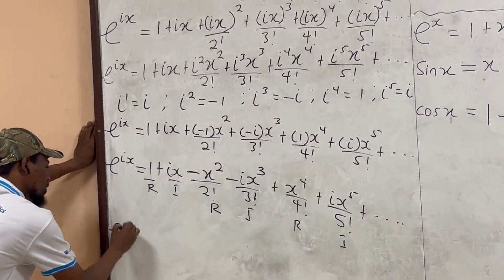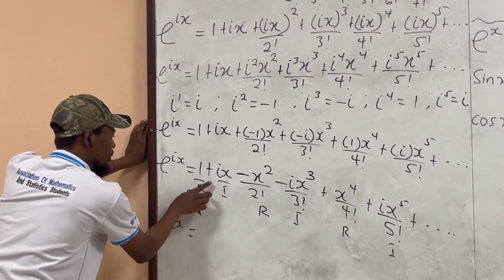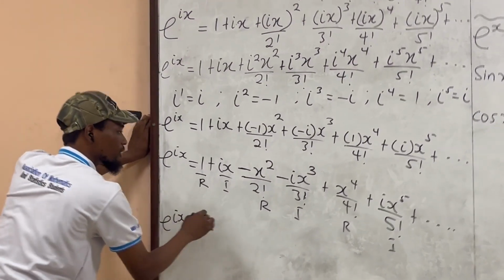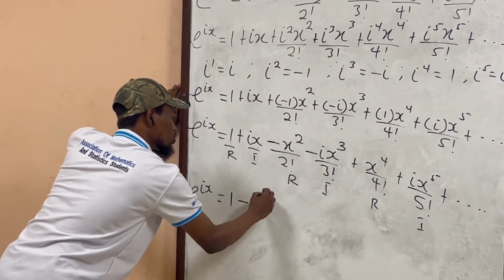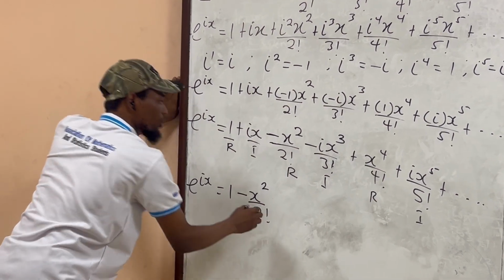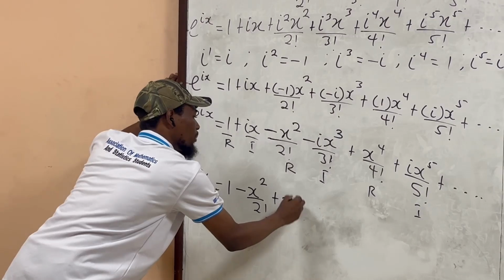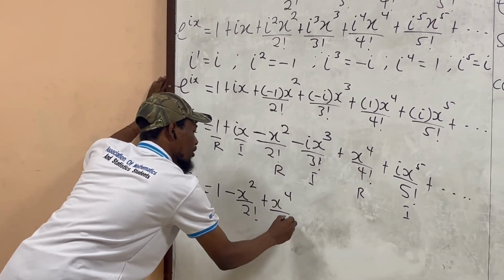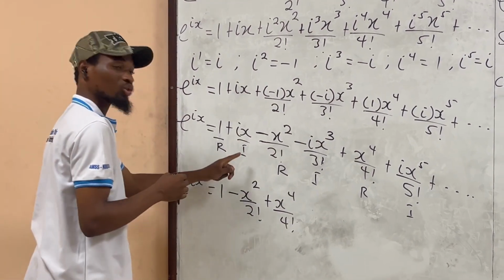You have e to the power ix is equal to, let's group the real part first. Okay, so we have 1. Then the next real part we have minus x squared over 2 factorial. The next real part we have this, which is plus x to the power 4 over 4 factorial. We are done with the real part, right? Let's focus on the imaginary part.